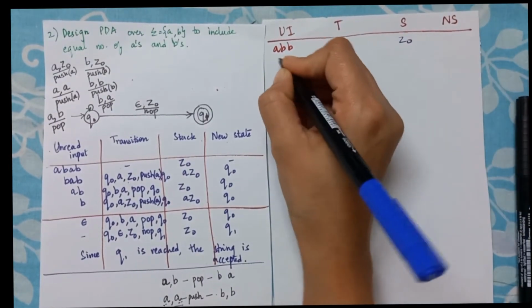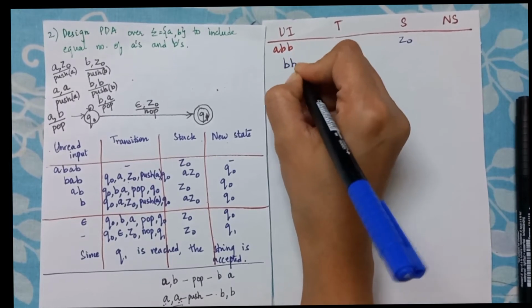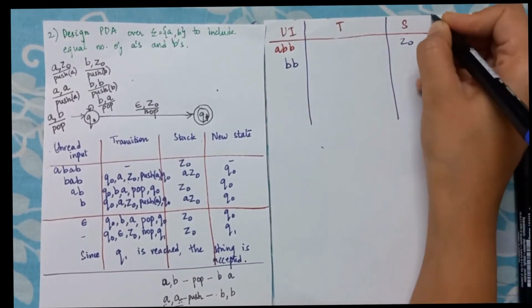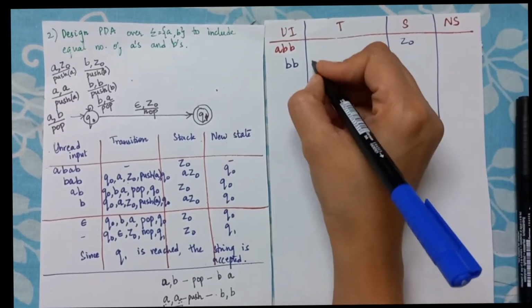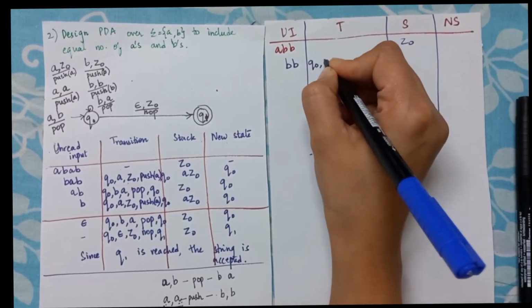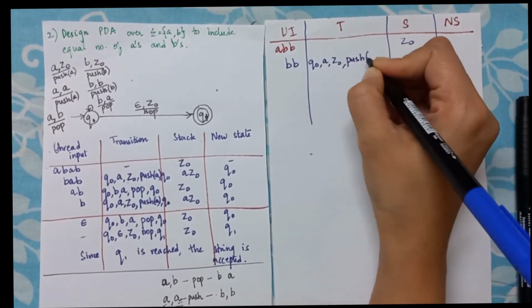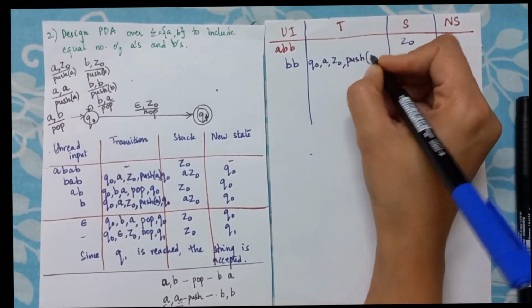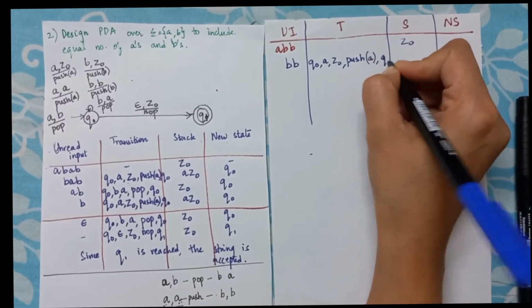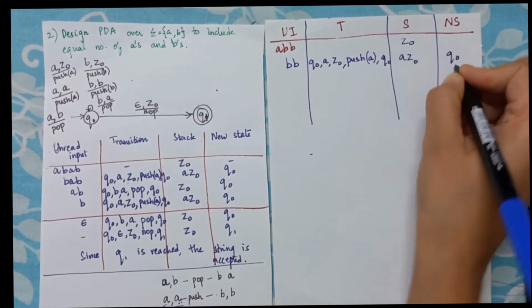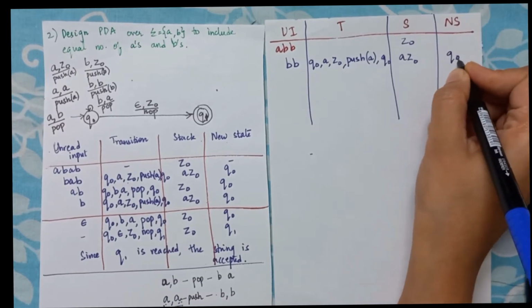Z0 is on the stack. Q0 is my initial state. I read an A with Z0, push of A. I still remain at Q0, with A, Z0 on the stack.